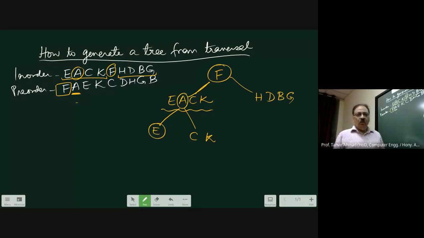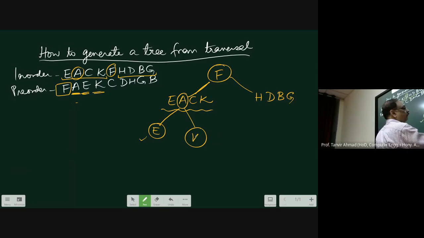Now you check the next node, E. Already it is covered, because E is already covered. Then you go to K. Now you find that K is the root. Therefore, in this case, K is the root, and C can come either here or here.